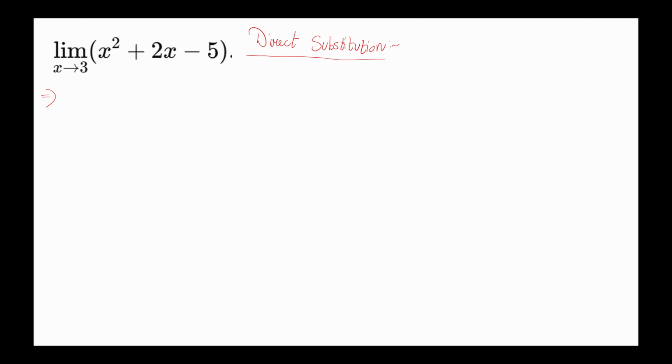That time you can say that this was a direct substitution question and we directly got the answer. For example, here I can simply replace x with 3, and what would I get? 3² + 2 times 3 - 5, which is 9 + 6 makes 15, minus 5 is 10. This is my answer. Direct substitution works this way.